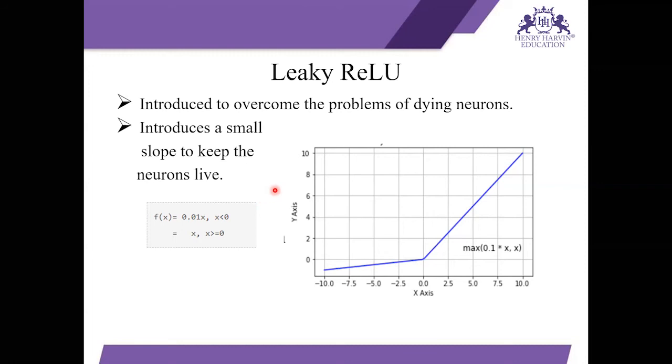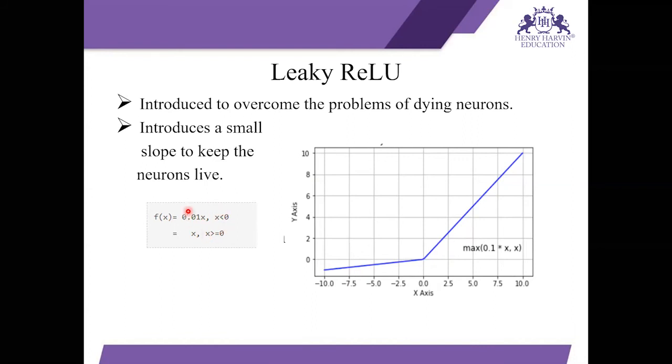So instead of defining the ReLU function as 0 for negative values of x, we define it as an extremely small linear component of x. So here you can see that f(x) = 0.01x when x is less than 0, which is equal to x when x is greater than 0. In ReLU, when it was less than 0, we were writing it as 0.